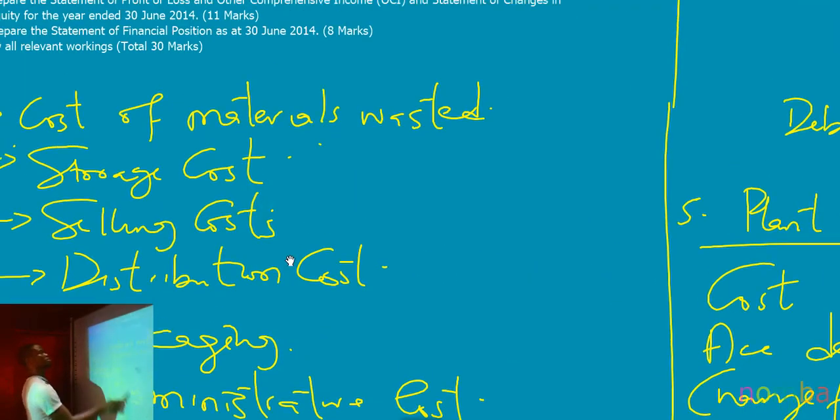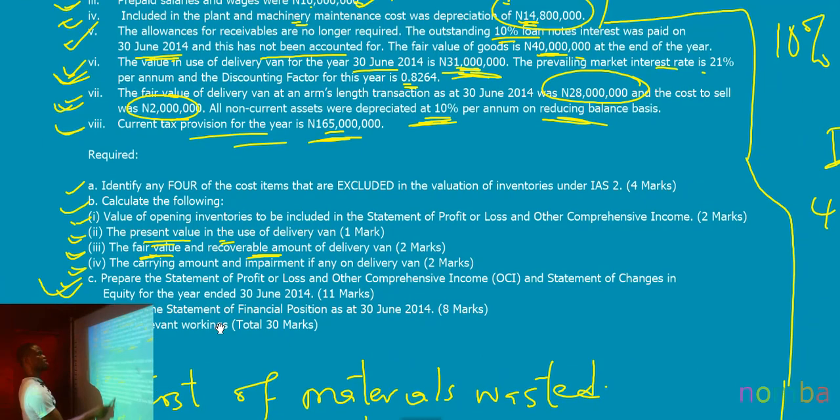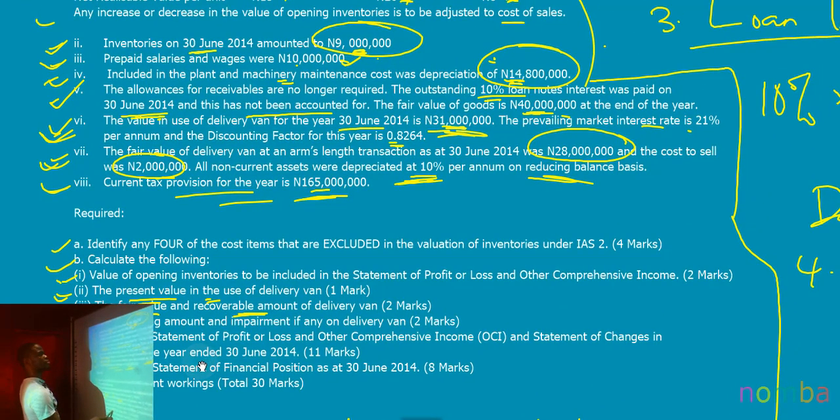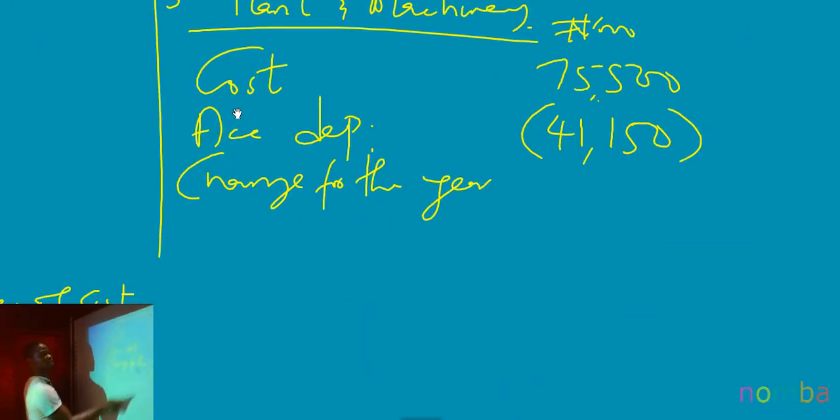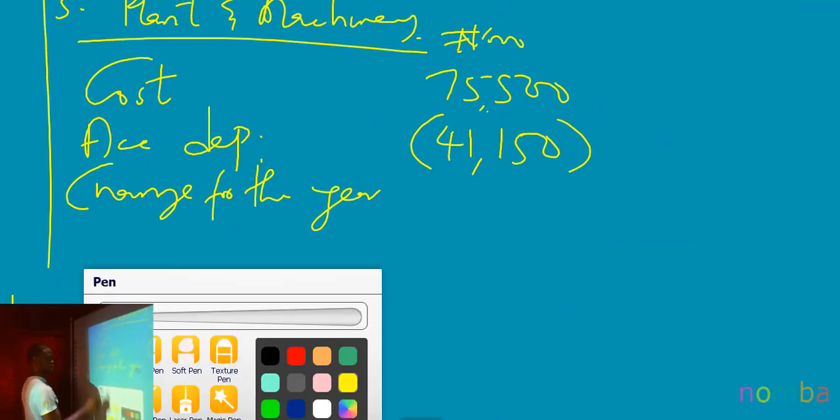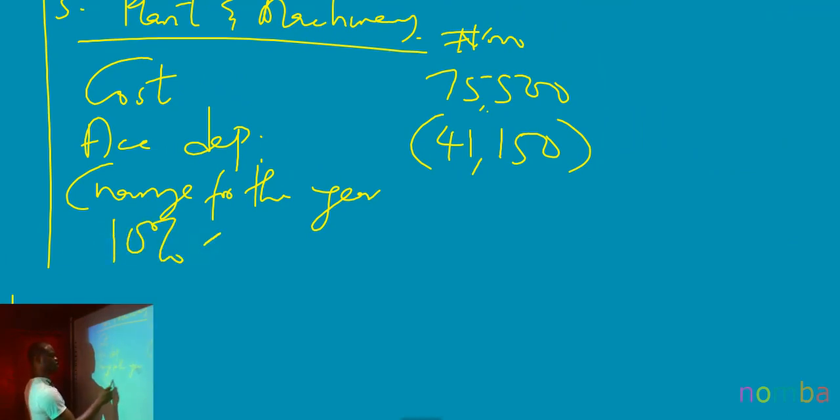So did they tell us how we will determine the depreciation charge for the year for the plant and machinery? Okay, yes. They already told us that all non-current assets were depreciated at 10% per annum on reducing balance basis. So with that information, we are more than sufficient. So that will be 10% multiplied by the carrying amount at the beginning of the year, which is 75,500 minus 41,150.